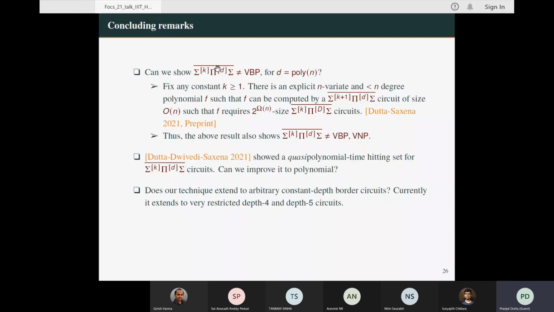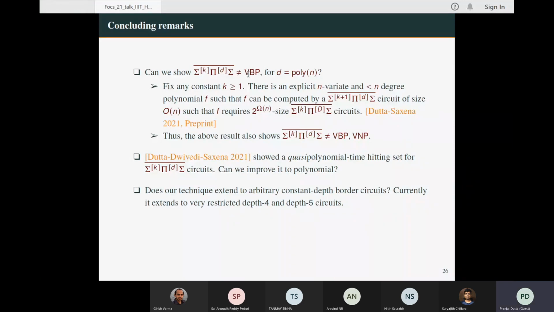And of course, this is just depth 3. The other question is, can we extend this result or technique to depth 4 or depth 5 circuits and so on? This we could not do. We could do it in some restricted way, but these are very restricted circuits. So depth 4 circuits and so on are open. And another question I did not mention, but the other point would be to actually show that this is inside VF.